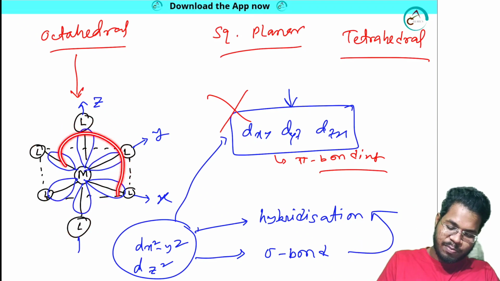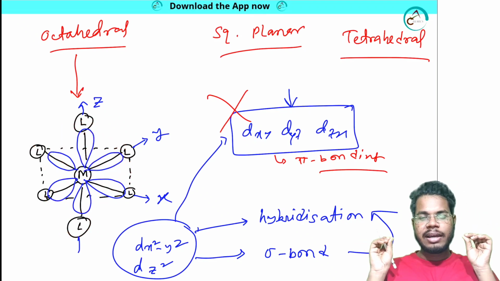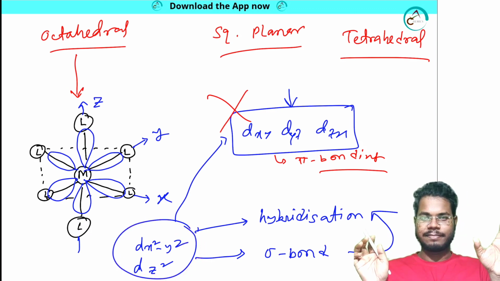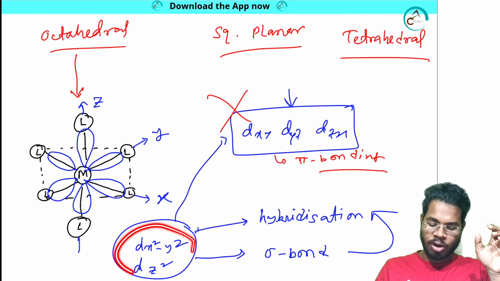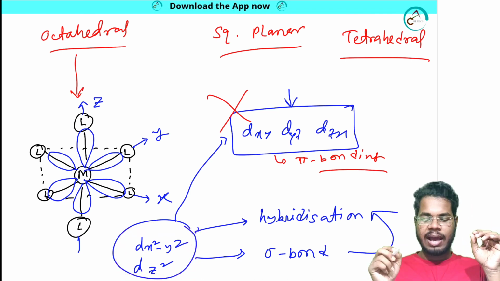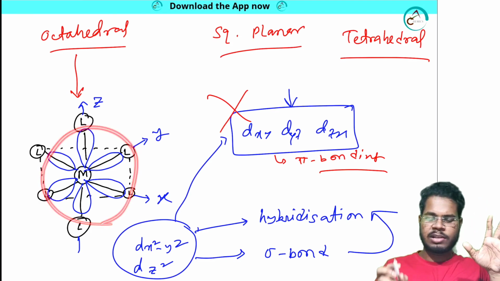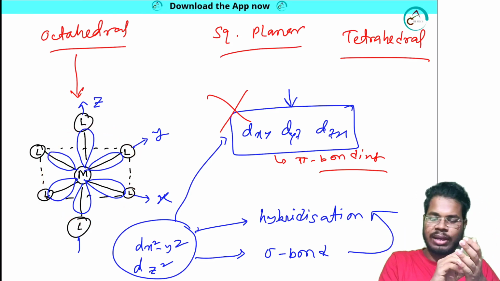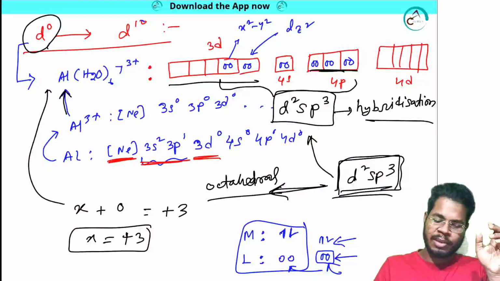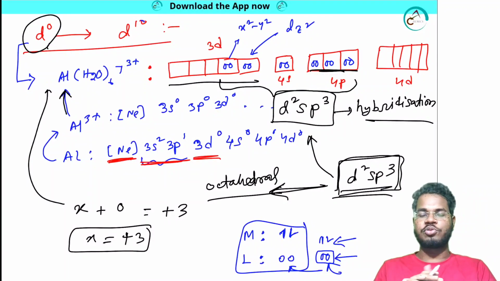That means s and p orbitals are doing exactly the same as the d orbitals, dx square minus y square and dz square. All the p orbitals and s orbitals will directly interact with the ligands, form sigma bonds, and participate in hybridization. That's why I am using 4s and 4p orbitals also.